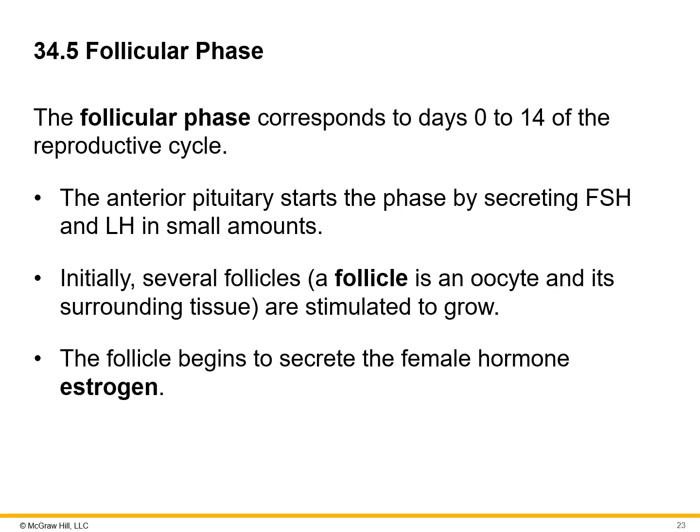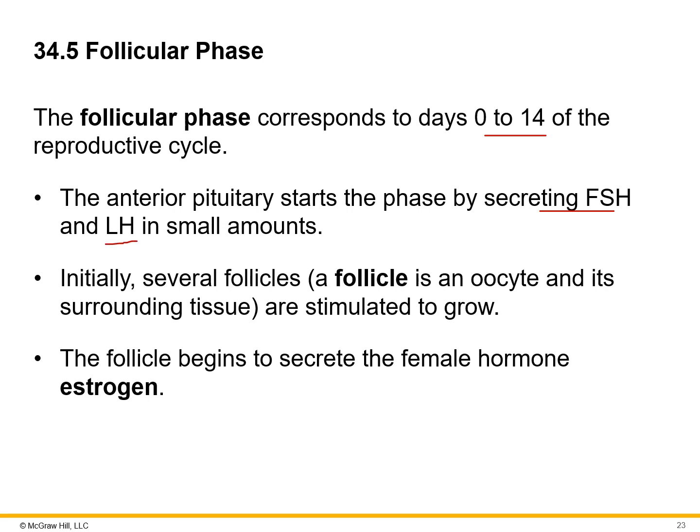All right, so starting first with the follicular phase, this is about the first 0 to 14 days of the reproductive cycle. The anterior pituitary starts the phase by releasing follicle stimulating hormone and luteinizing hormone in just small amounts.